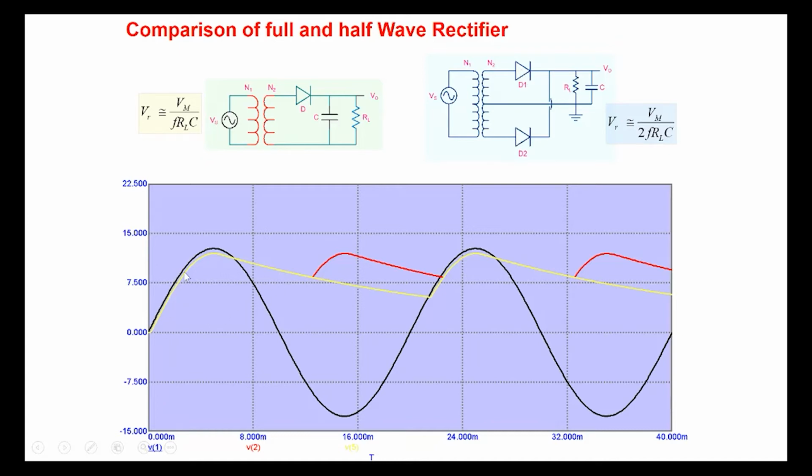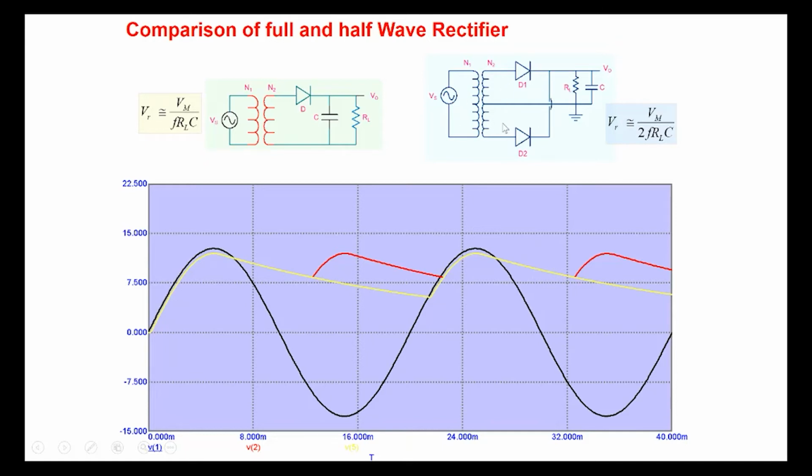The capacitor is only discharging till diode D2 turns on, and then it charges up again and discharges again. So the ripple is the difference between this maximum and this minimum, and the ripple is smaller with the full wave rectifier.